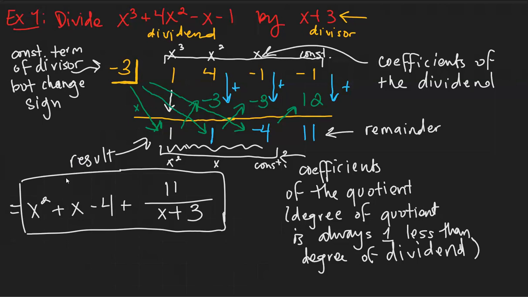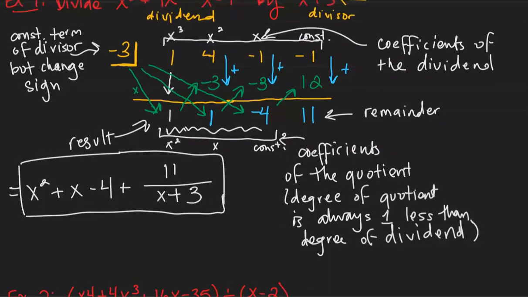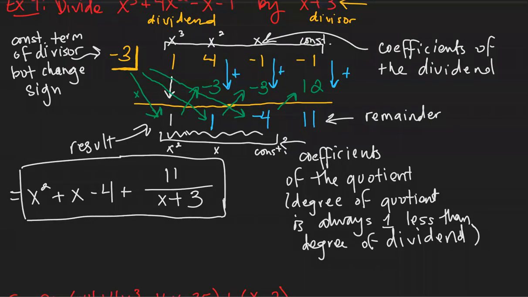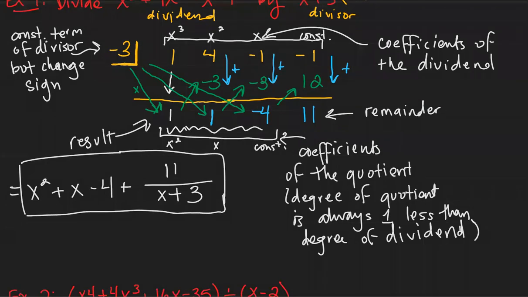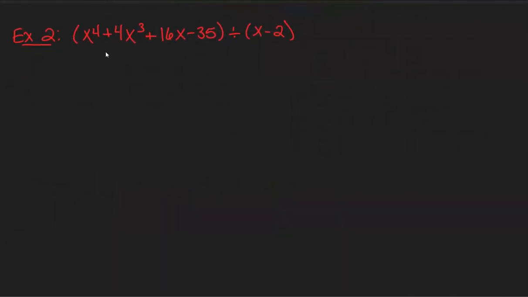Okay, so of course, I don't expect you to be a synthetic division master now. Let's do another example to solidify all these pieces, to see where all of this fits in a fresh new example without all this writing on there. Okay, example 2. We're dividing x to the 4th plus 4x cubed plus 16x minus 35 by x minus 2.